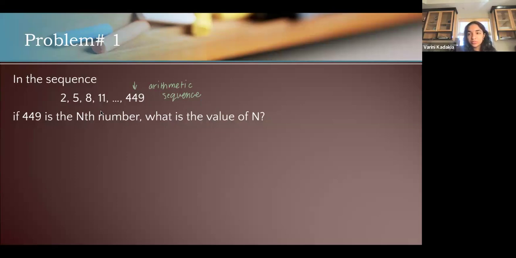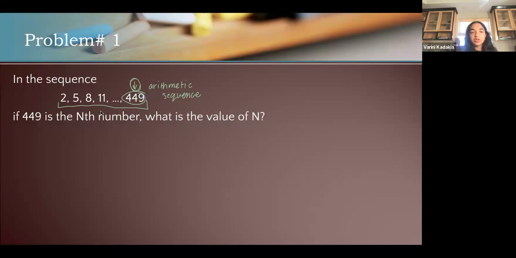So you have the sequence, right? And 449 is some term in the sequence, right? Everyone gets that part so far? So what the question is asking you to find is, if 449 is a term in the sequence, what term is it?